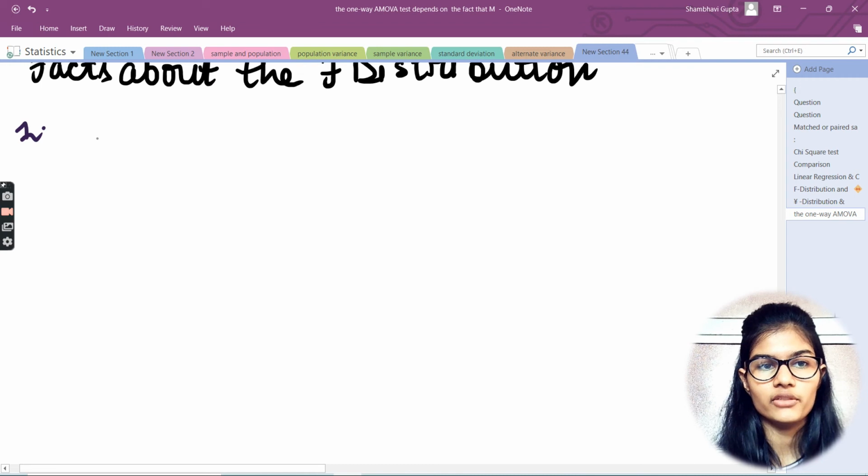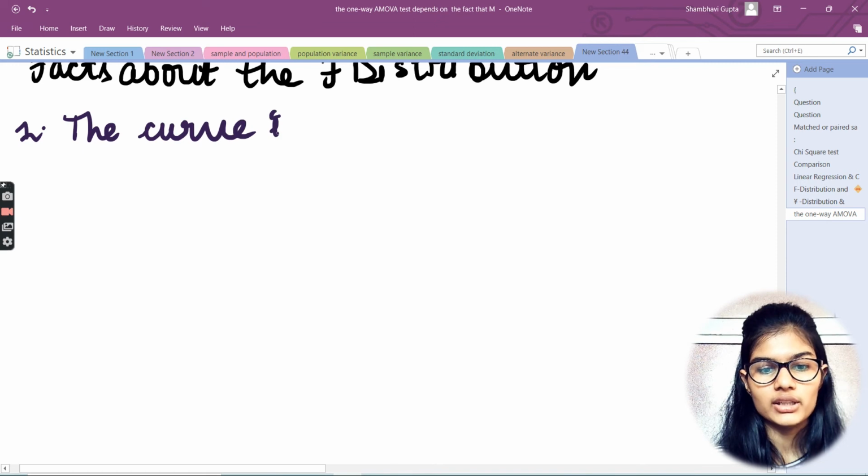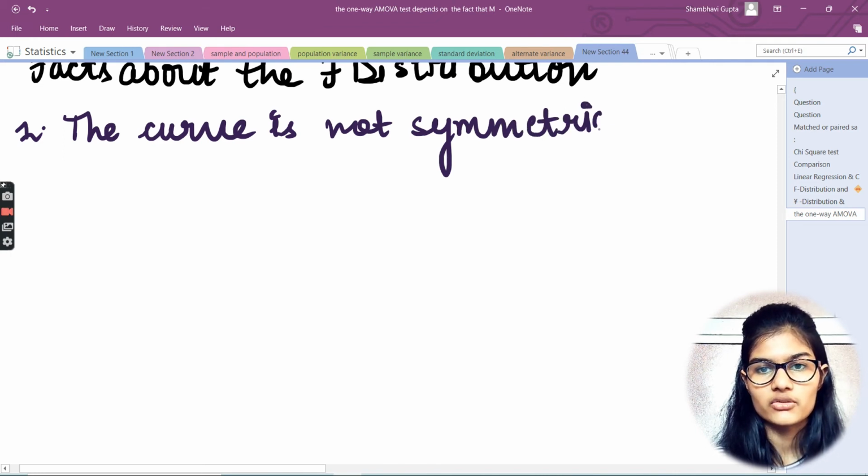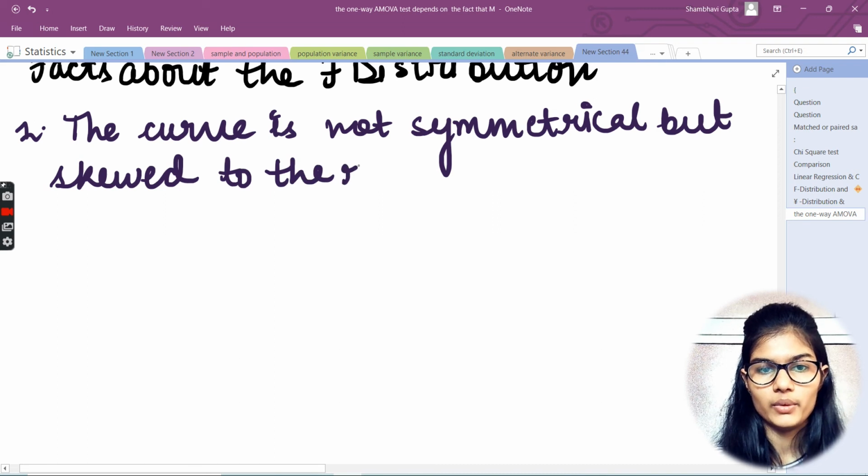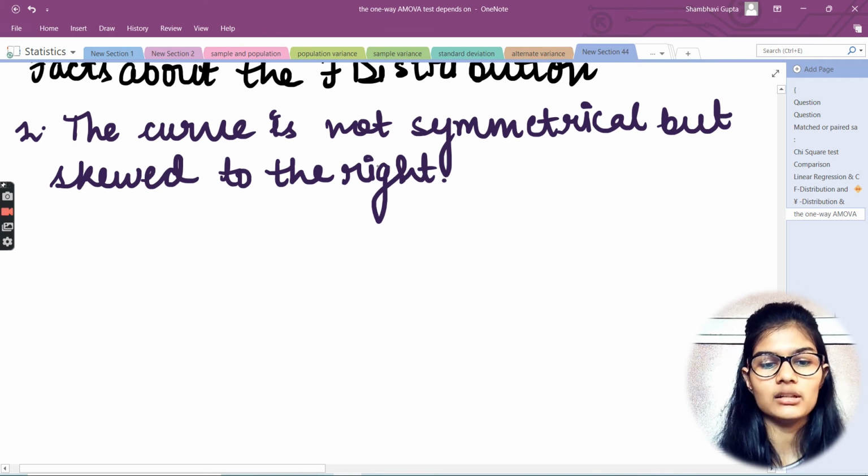So the very first one is regarding the curve. The curve is not symmetrical but is skewed to the right. It means that the curve in the F distribution is not symmetrical, but it is skewed towards the right.